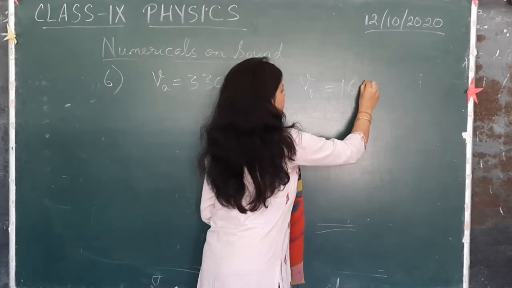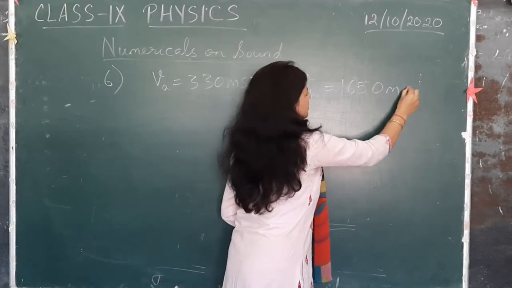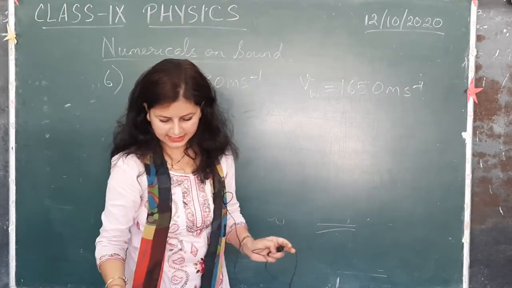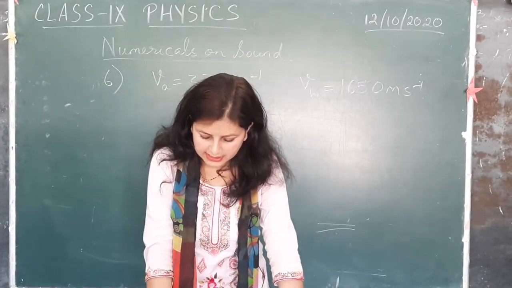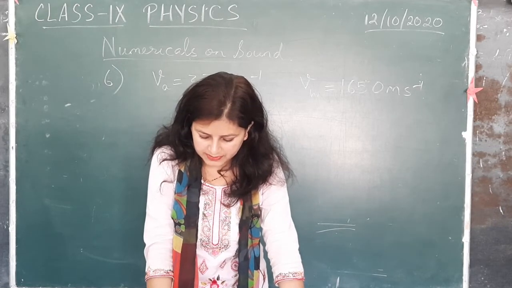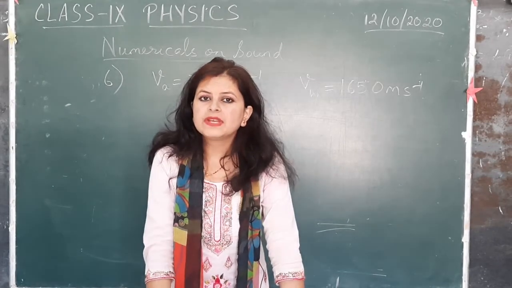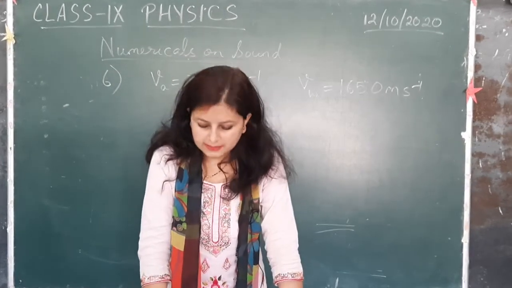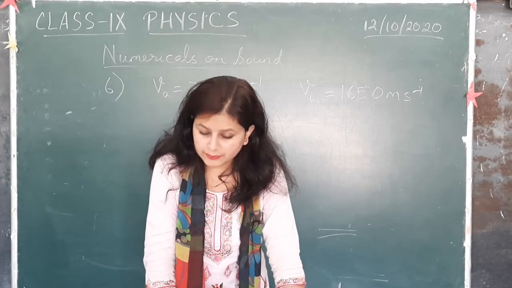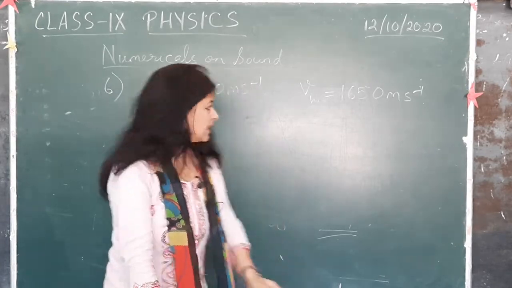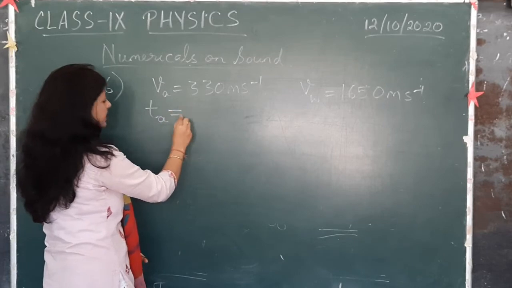You know the speed of sound is more in water than in air, so it is 1650 meter per second. Now it takes 2 seconds for sound to reach a certain distance from the source placed in air. So one situation has been given: if you make a sound in air, it takes 2 seconds for the sound to reach a certain distance from the source.